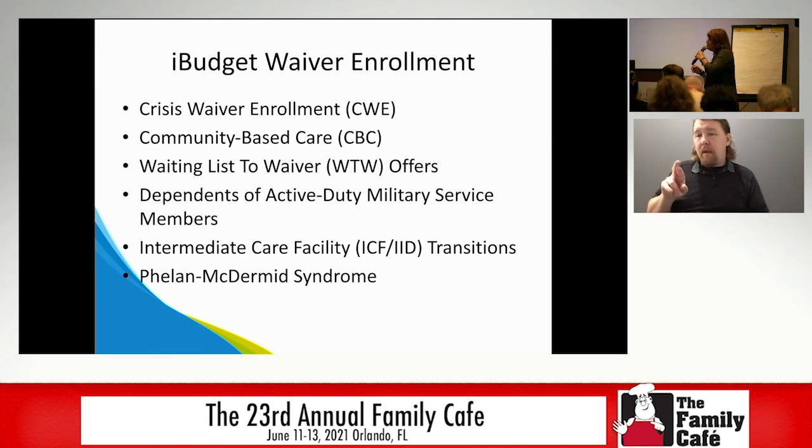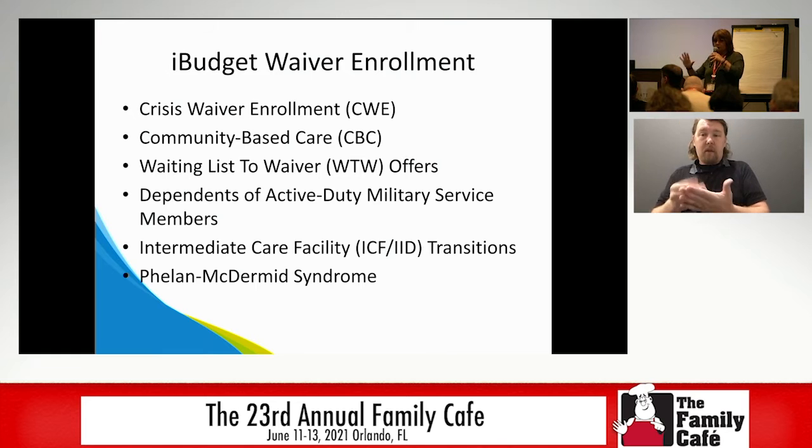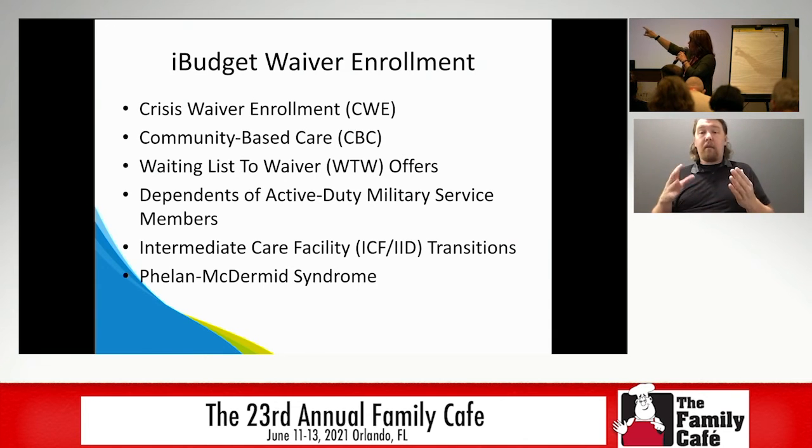So waiting list to waiver offers. That means that if the legislature appropriates additional funds for that particular year and they're approved and the governor signs it, we get that amount of money to offer additional slots over and beyond what we already get for crisis and community-based and foster care kids.